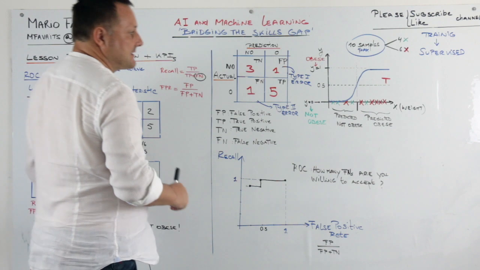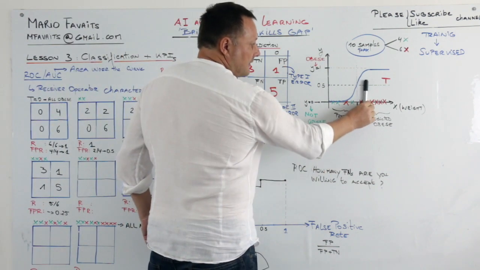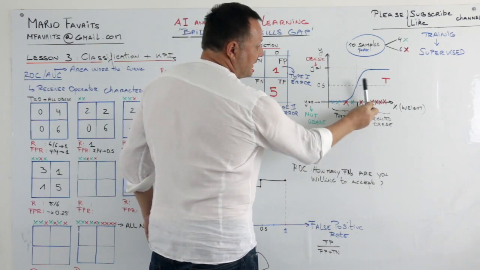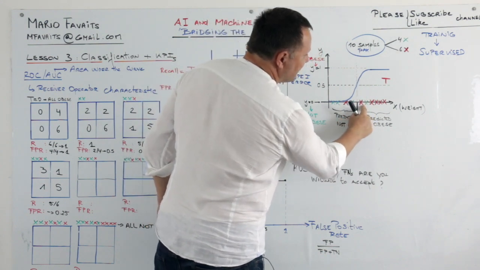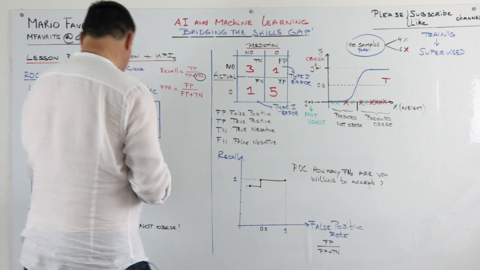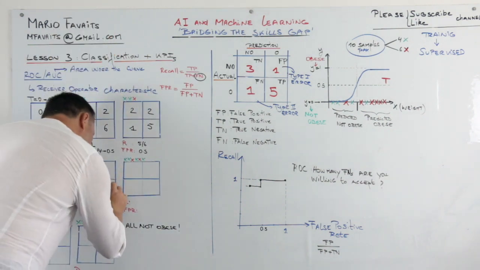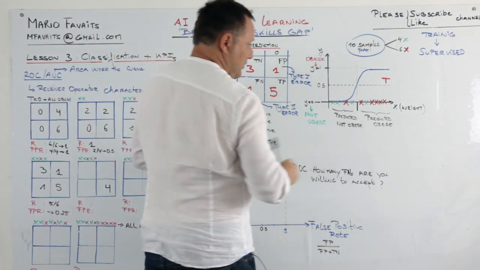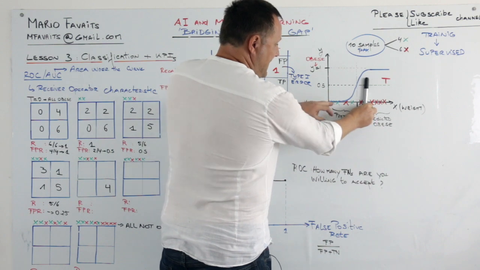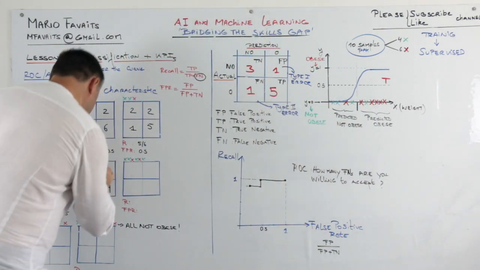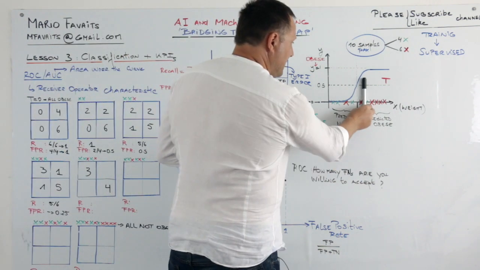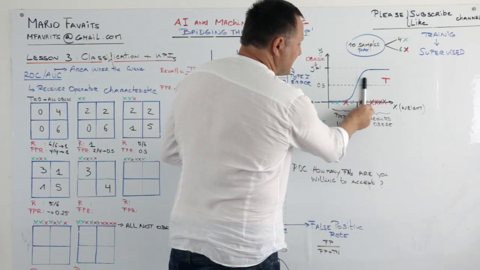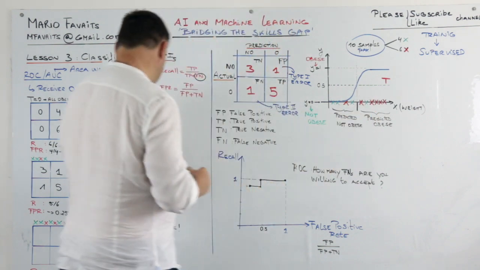Okay, so now let's take the red one in. Yeah, so we move higher and we take the red one. The number of true positives is going to be 4. True negatives is still 3, the 3 green ones. Now what are the false positives? It is 1.